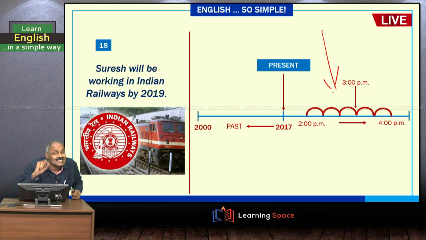If I say at, that shows future momentary action, but if I say by, it means future continuous action, and if that action will be completed by that time, then the sentence structure will be something different, right. So, here Suresh will have been working in Indian Railways by 2019.